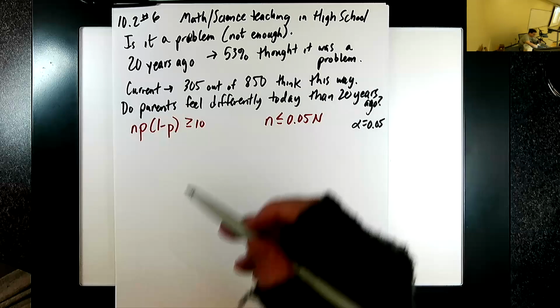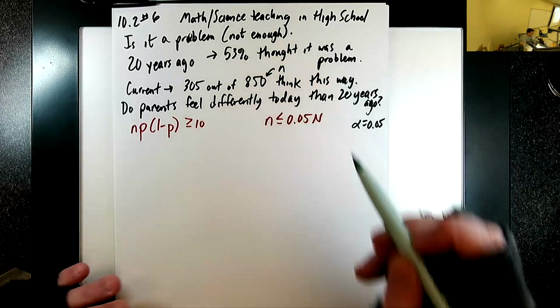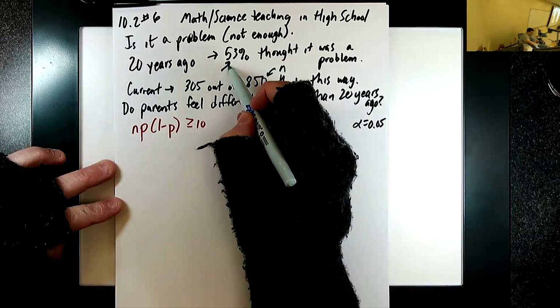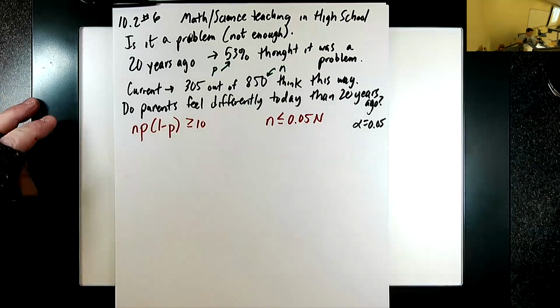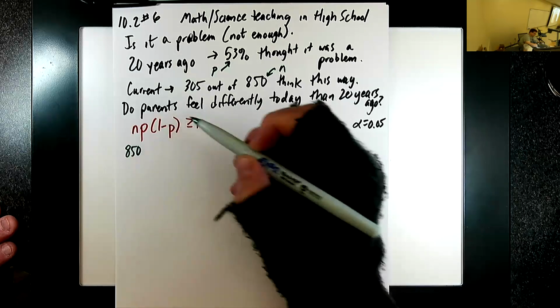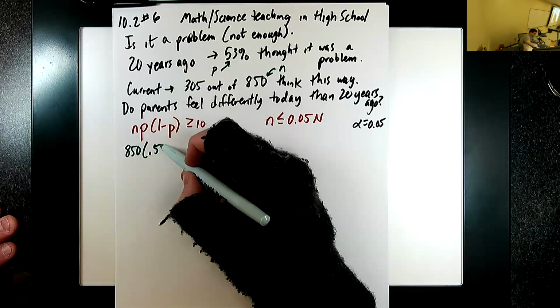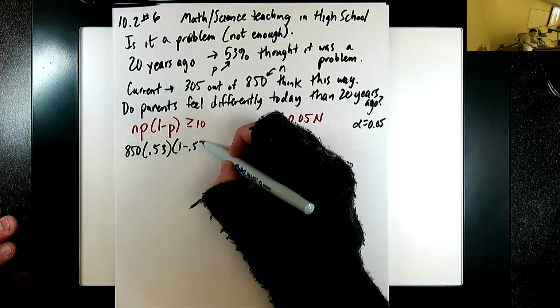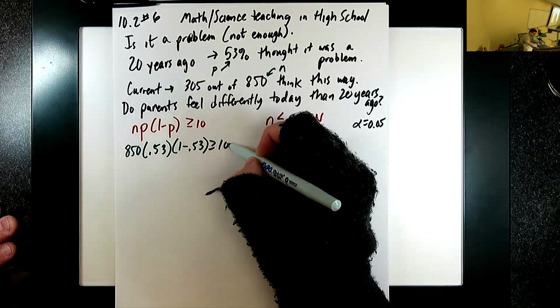They asked 850 people, that's our n. And the p that we're checking it against is that one. So we're going to plug those in. 850 times 0.53 times 1 minus 0.53. Is that greater than or equal to 10?